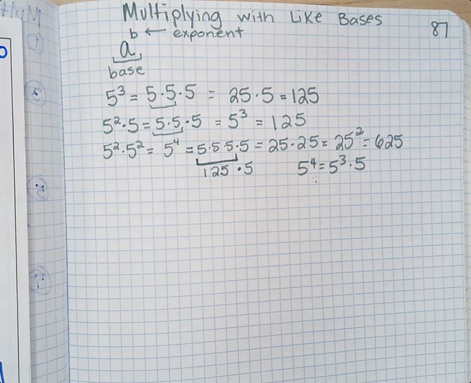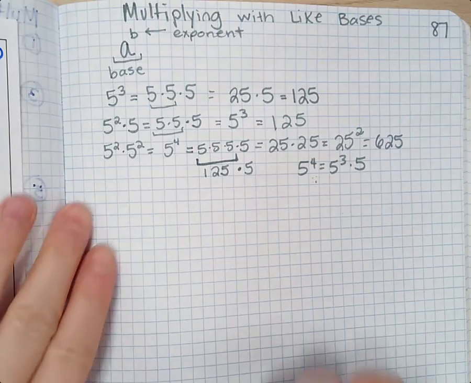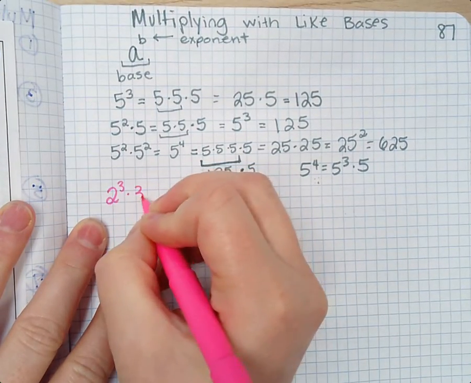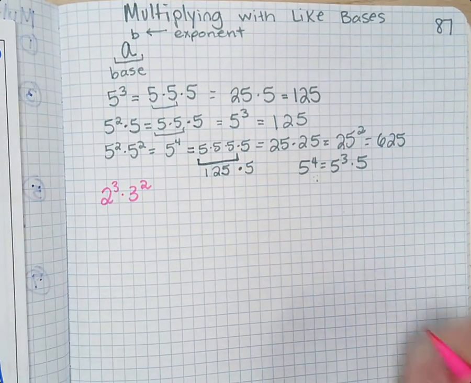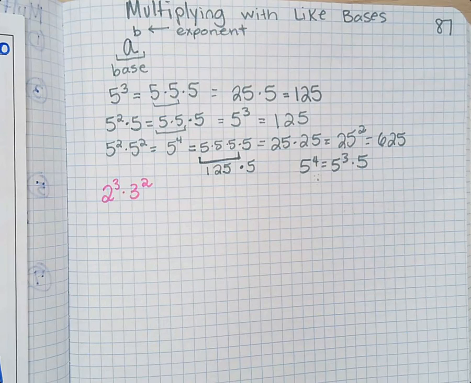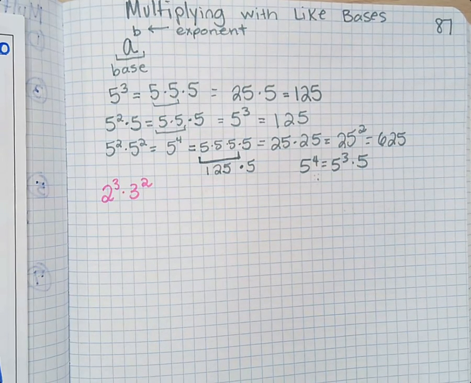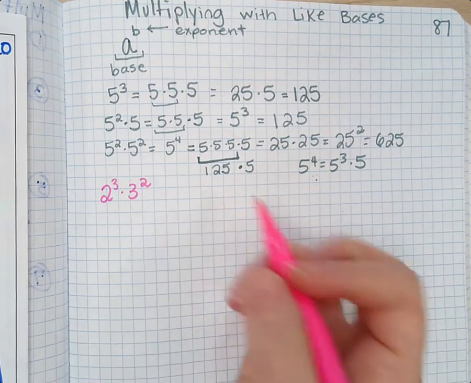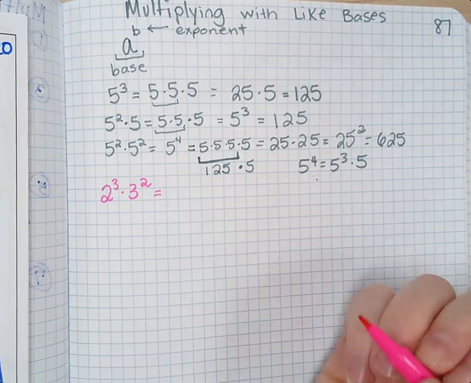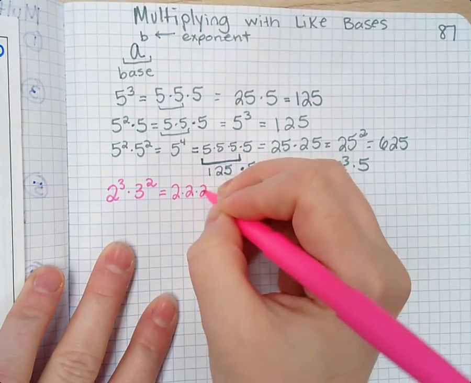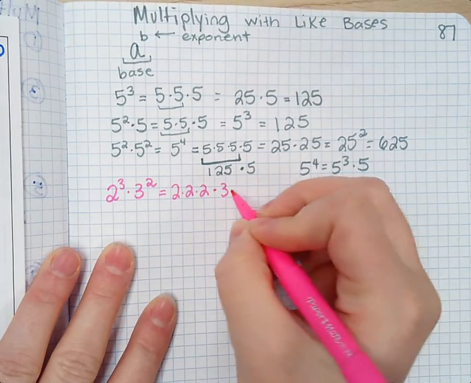Okay, we're going to switch gears now and look at a different base. Let's do 2 to the third times 3 to the second. How do we find that? What do we have to do? 2 times 2 times 2 times 3 times 3.